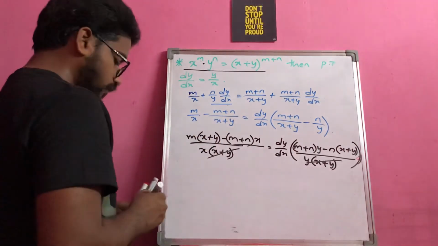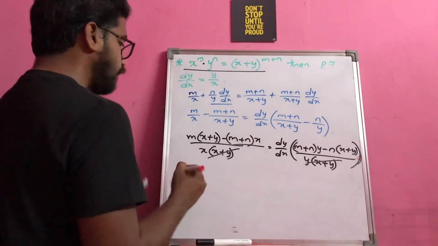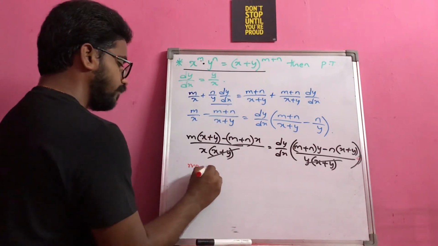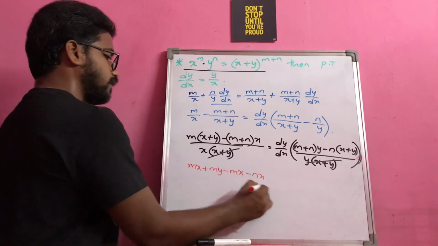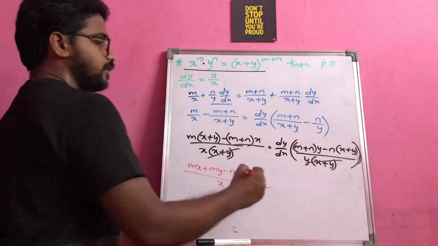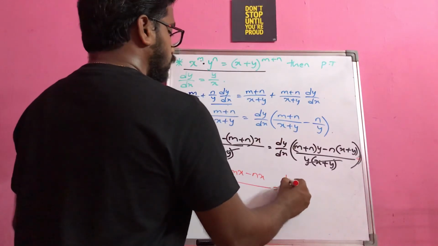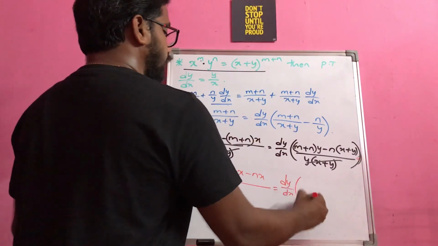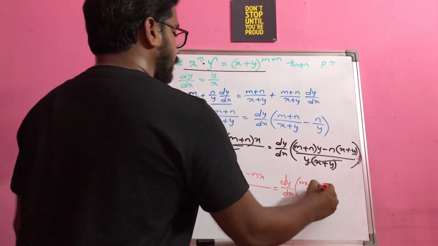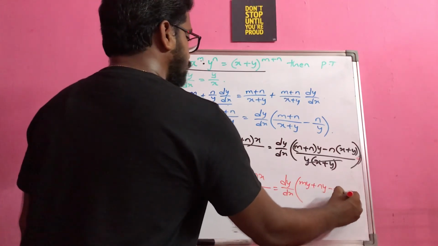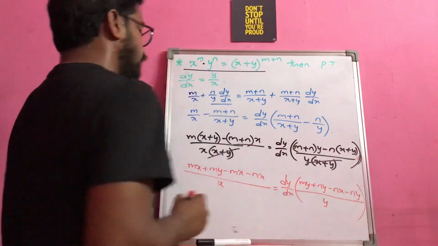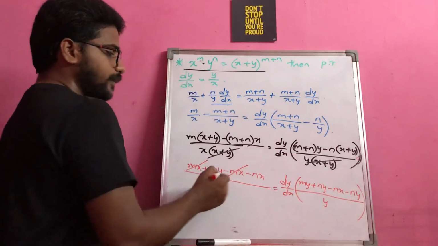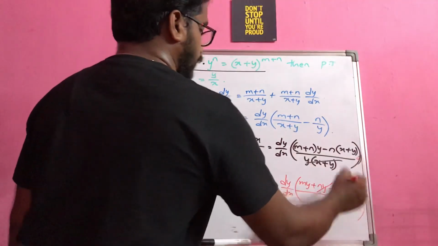So if you expand the numerator here, I will be getting mx plus my minus mx minus nx divided by x is equal to dy by dx into my plus ny minus nx minus ny divided by y. So you can look for the cancellations: mx, ny, ny.